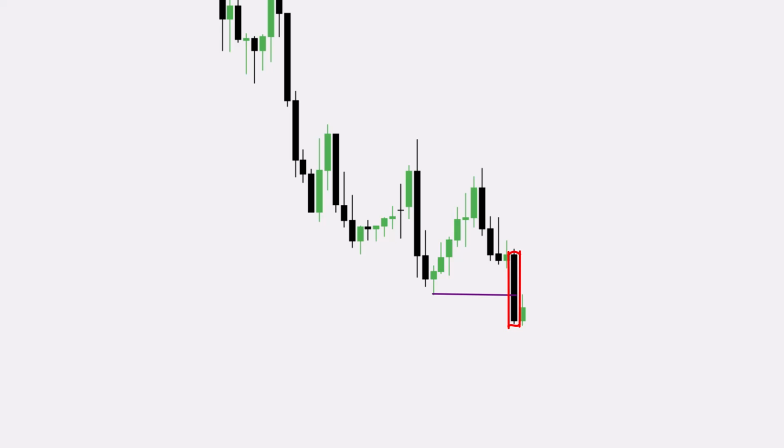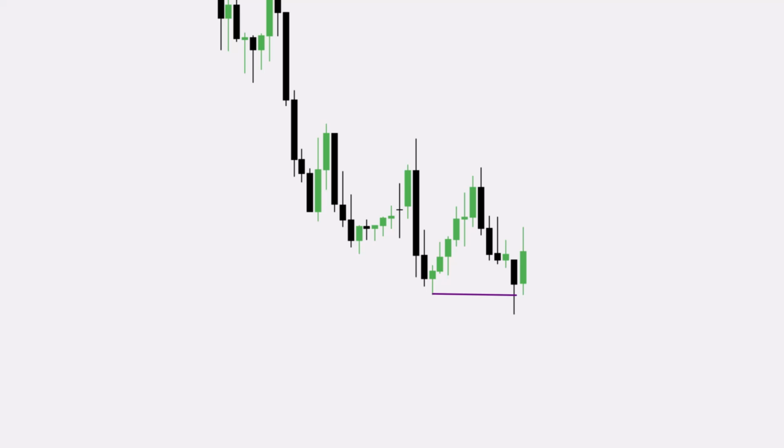This confirmation is crucial for validating the bearish momentum. If the price breaks below the recent lower low with only a long shadow or wick, but the body of the candle promptly closes above the low's range, we must examine what happens next. If the subsequent candle's shadow fails to surpass the first candle's wick, we should not regard this as a valid break of structure.